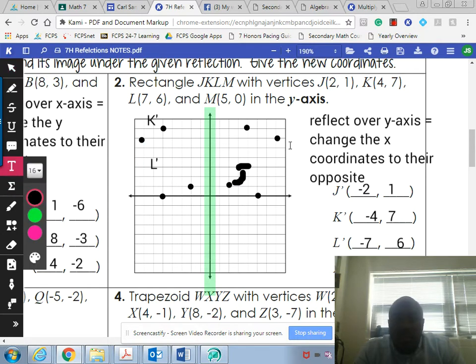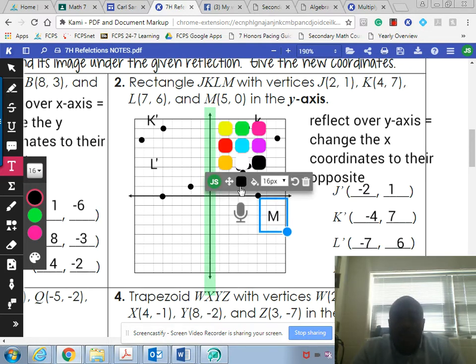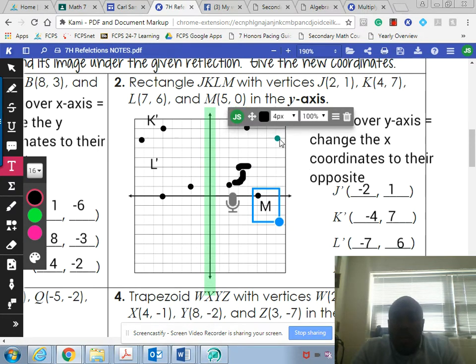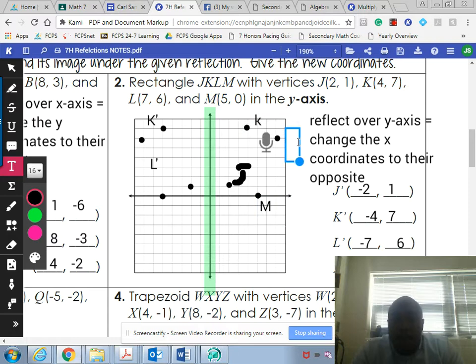This point here, (2, 1), is J. This point here, 1, 2, 3, 4, 7 up here, is K. This point here, (5, 0), is M. And last but certainly not least, this point here is our L. Okay, so now we already plotted those points, and now they wanted us to reflect across the y-axis. Notice I went ahead and highlighted the y-axis just as a reminder. This is our line of reflection.